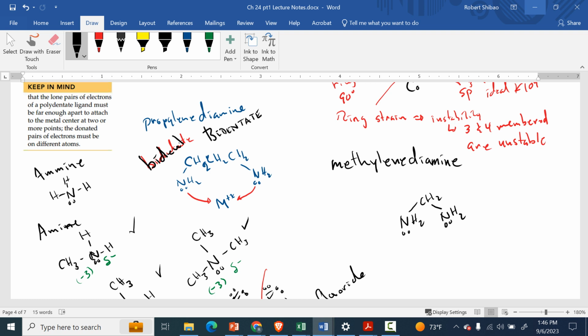And so we'll put a metal here, metal plus X, and then we'll have the lone pair here form a coordinate covalent or dative bond, and this one will come in. And so the adduct that results here is going to be metal plus X with a bond here to this amine, goes to this CH2, goes to this amine, to this. Does that look like a good structure for the adduct?